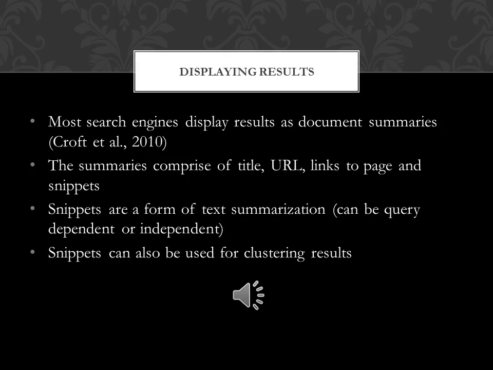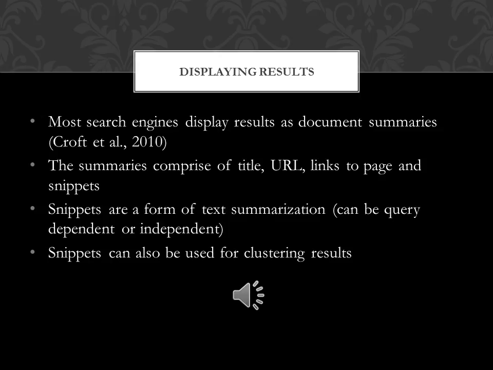In most cases, it is observed that the query results of a search engine are in the form of document summaries which are linked to the pages. These summaries typically comprise of the page title, its URL with links, and a snippet. Snippets are a short summary that contain fragments of text from the page.